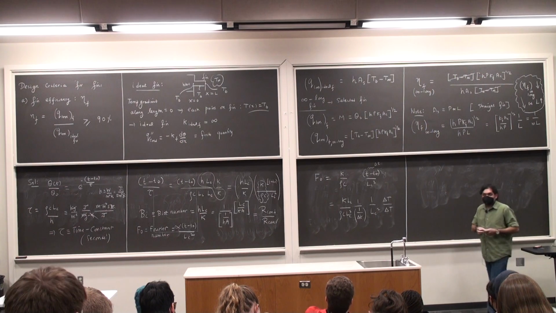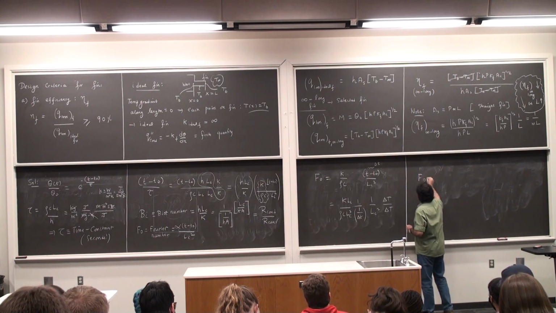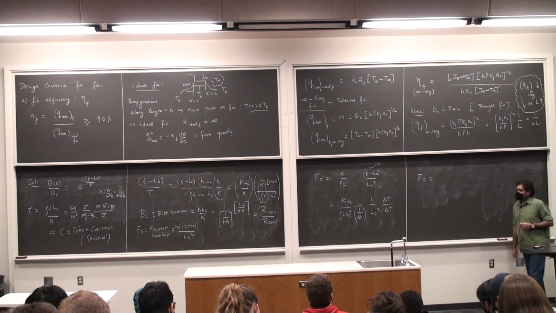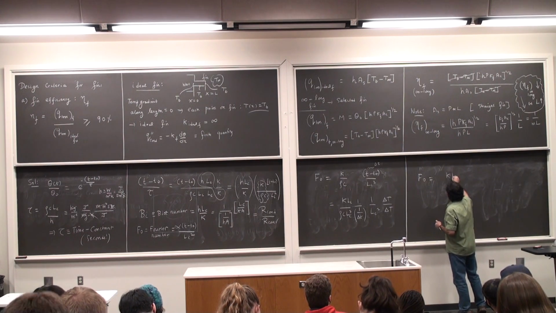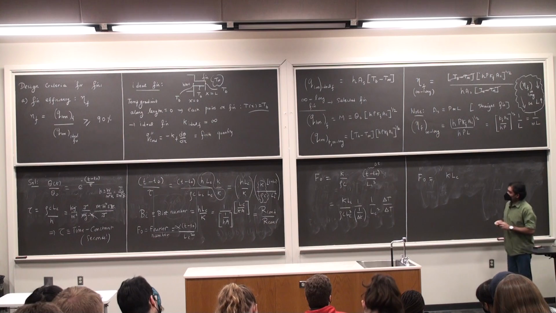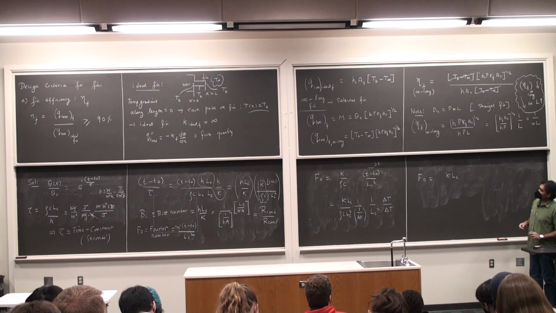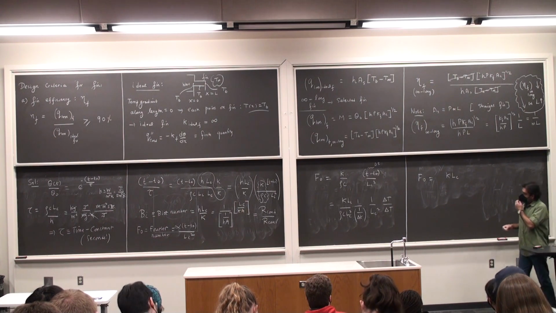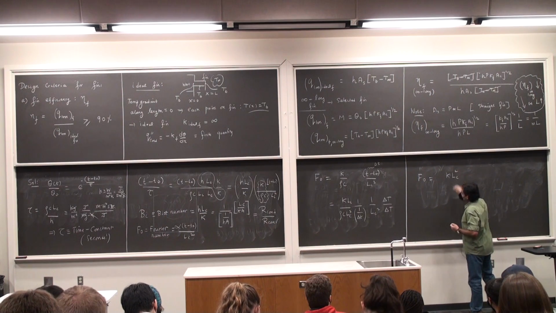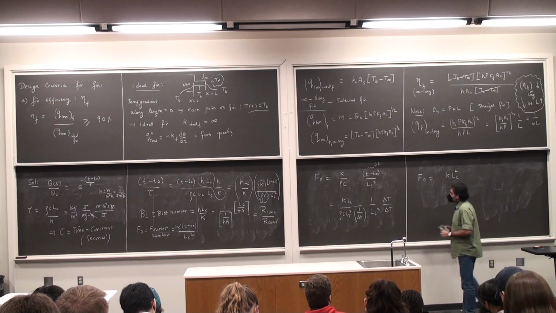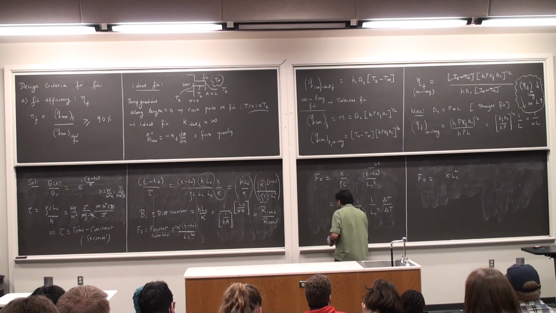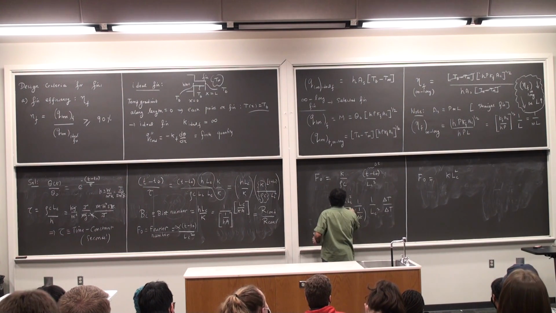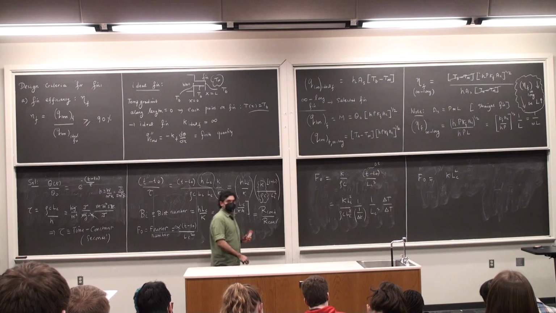And then group things together. K LC, and I want to make sure my manipulations are correct. Okay, so K LC square, I think, is now it's fine.